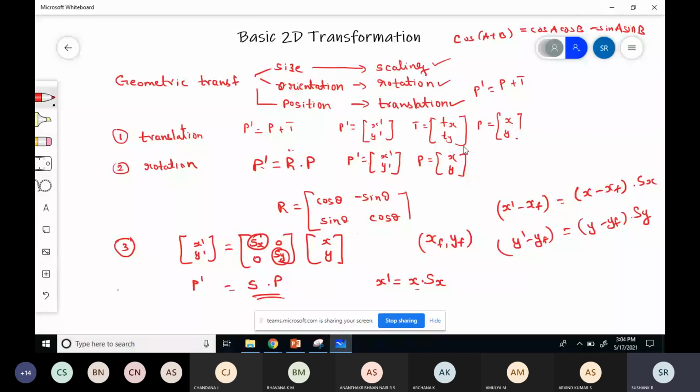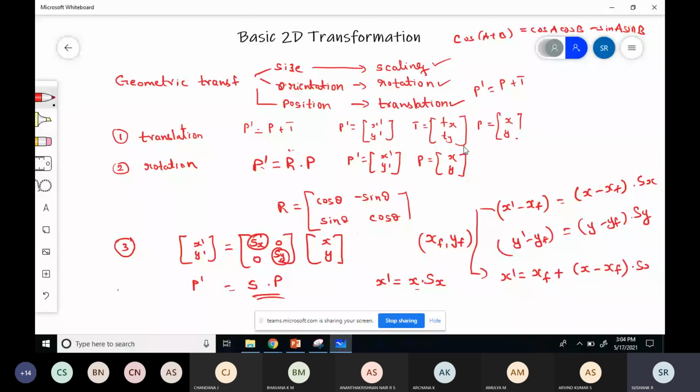If you rearrange this, I will shift it to the right hand side: x dash is equal to xf plus x minus xf into sx.